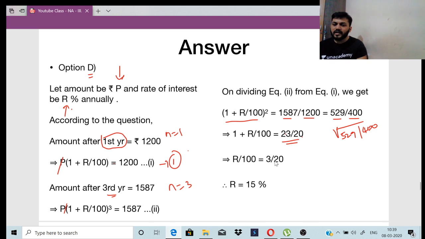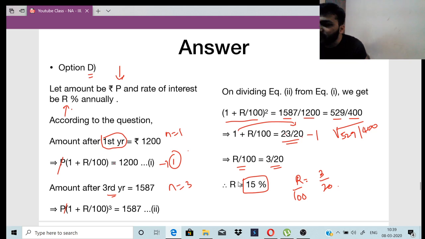So R by 100 equals 23 by 20 minus 1. Calculation mistake, okay. R by 100 equals 3 by 20. Cross multiply, you'll get the value of R as 15%.